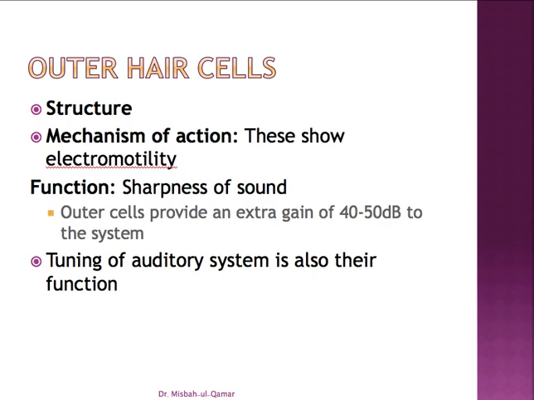And by performing this electromotility function, these outer hair cells provide an extra gain of 40 to 50 decibels to the hearing system. And for the same reason, they also perform the function of the tuning of the auditory system, right?